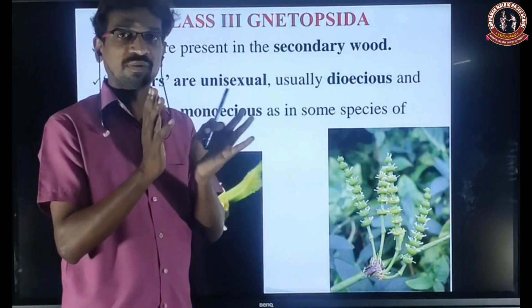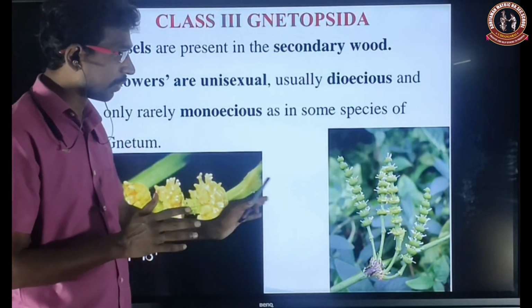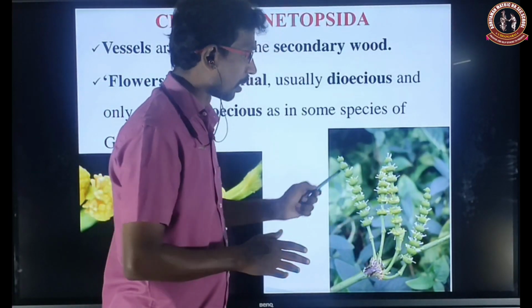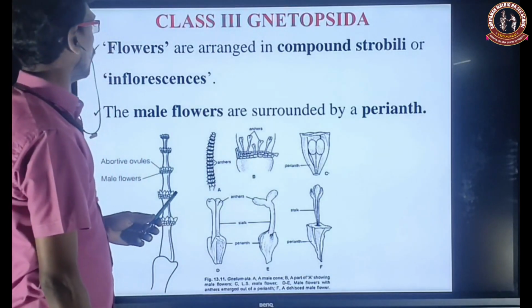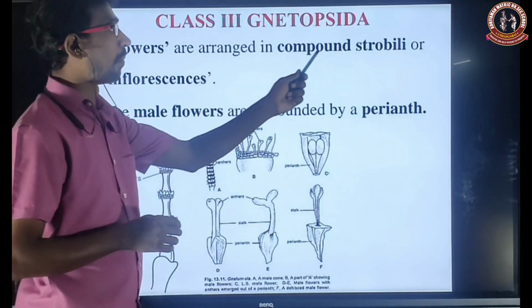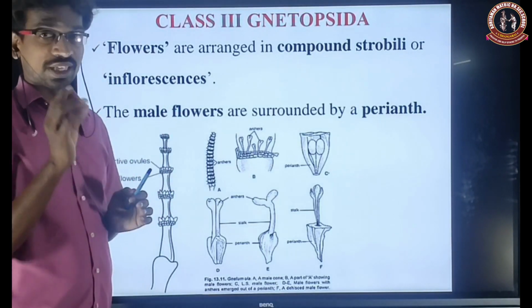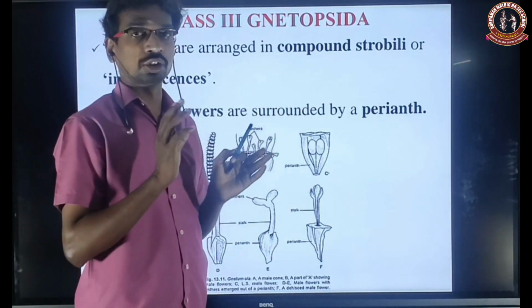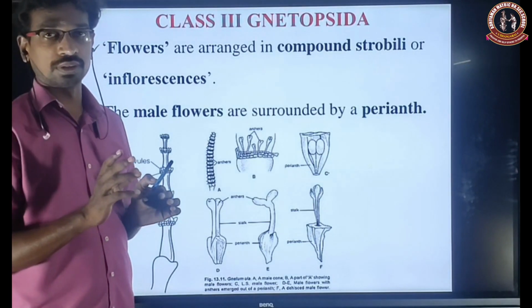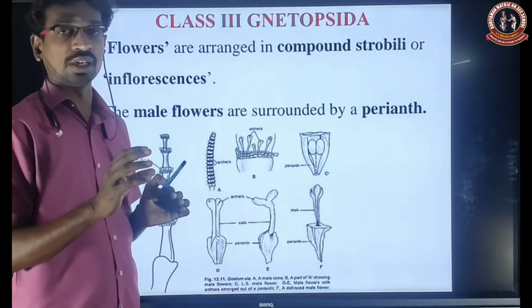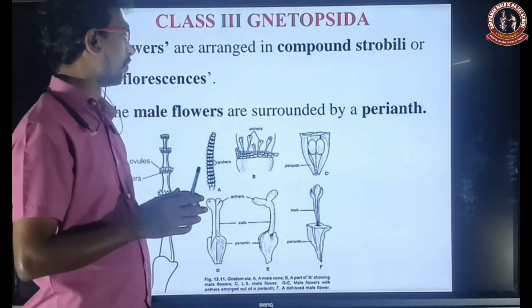It looks like a cone-like structure, but a collection of flowers is present, arranged in a compact strobilus or strobili. Strobilus is singular, strobili is plural.